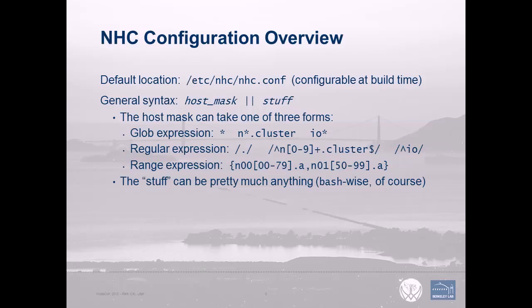Or we have a new feature. John Hanks from Utah actually contributed this to the project. Again, since the wildcard characters are common, we had to have yet another differentiator. So for the range expression, we use braces.